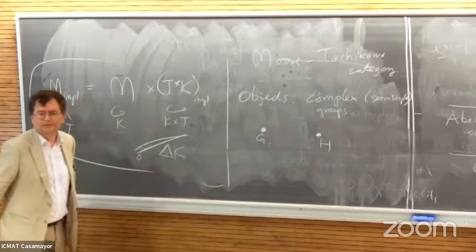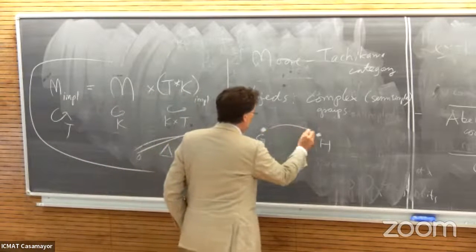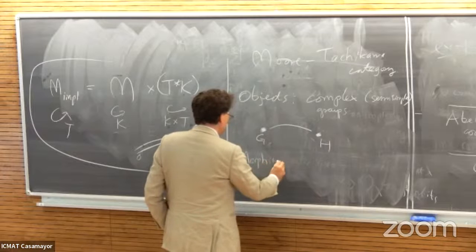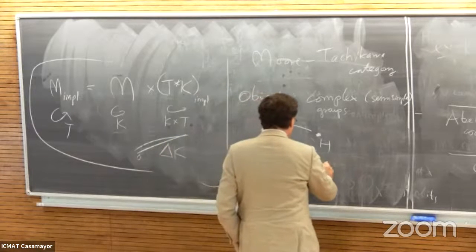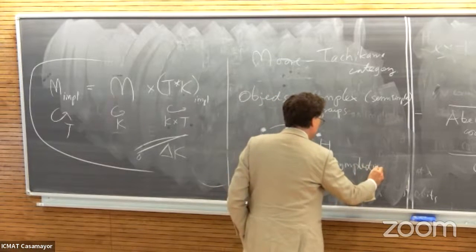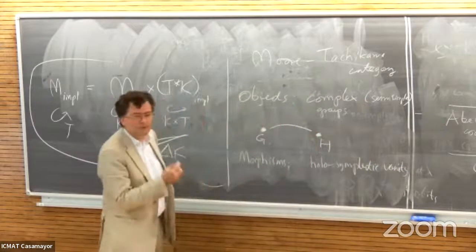So those are two of our objects, complex reductive groups. Now, what's a morphism? This is where things get interesting. A morphism is supposed to be a holomorphic symplectic variety, possibly singular.